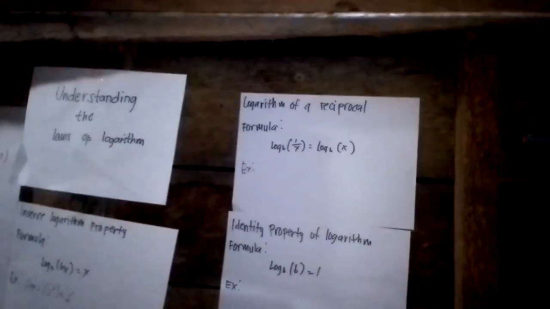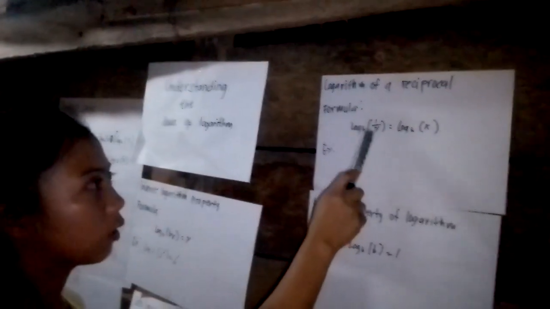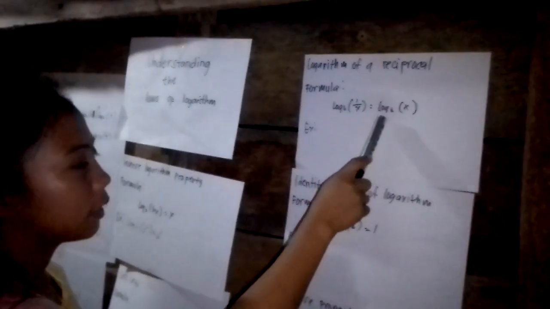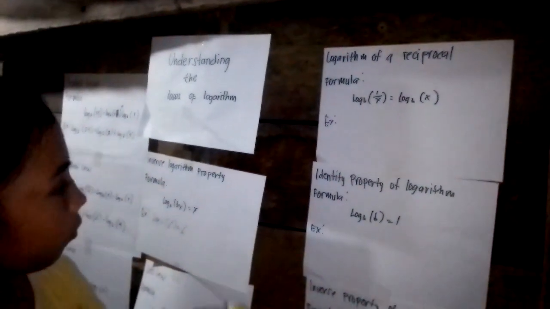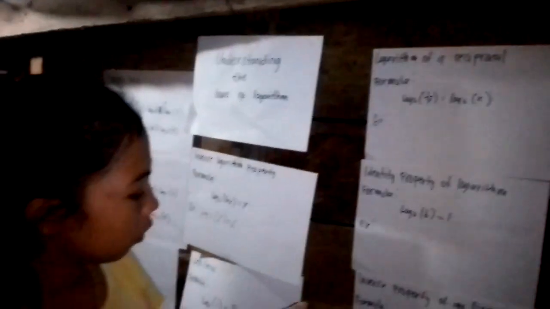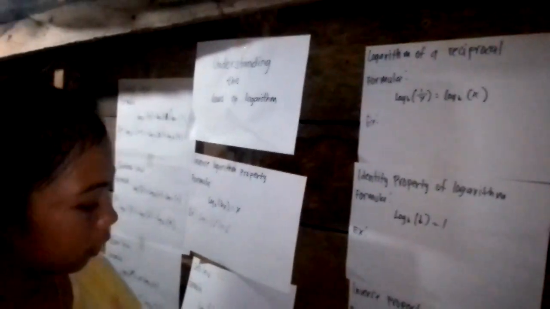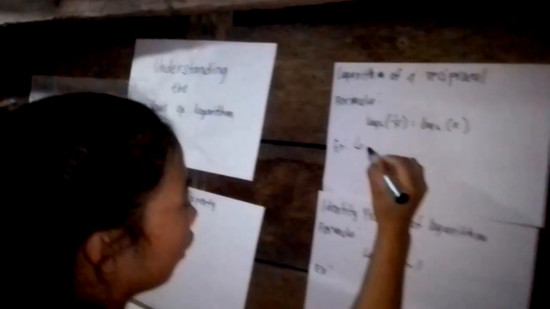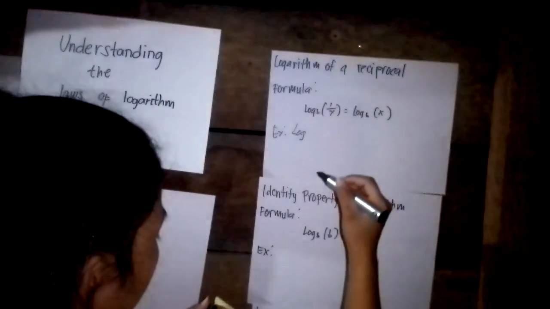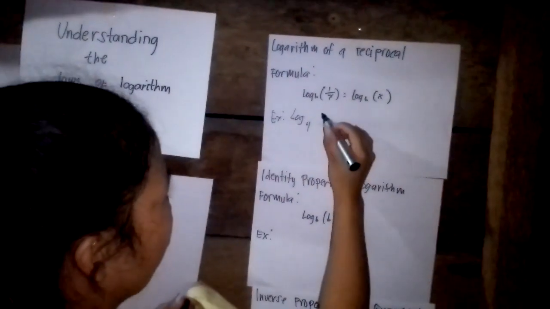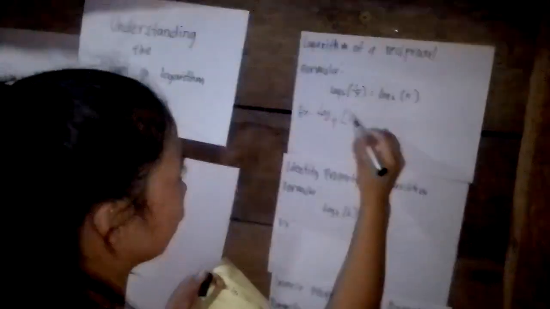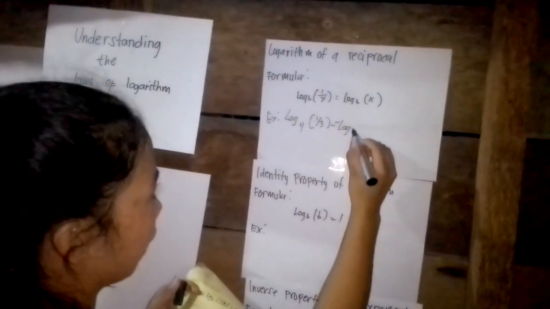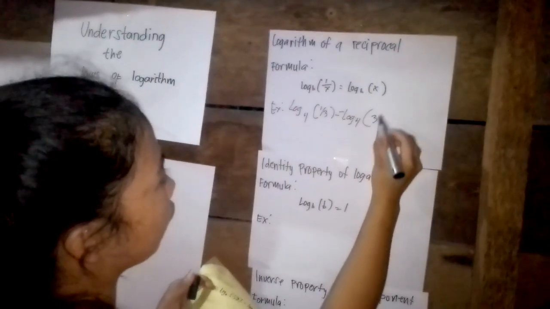The formula is log base b of 1 over x is equal to negative log base b of x. The example of the logarithm of a reciprocal is log base 4 of 1 over 3 is equal to negative log base 4 of 3.